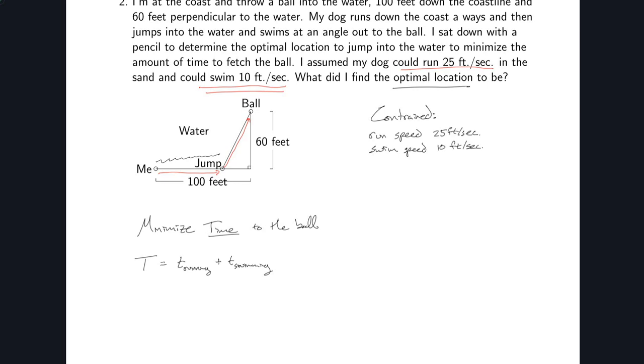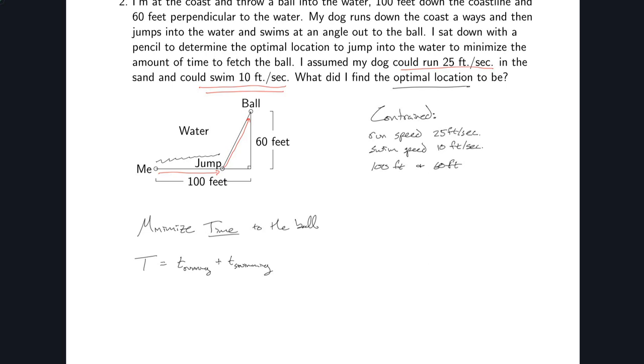We have the 100 feet down and the 60 feet into the water perpendicularly. And so how do we want to manage those distances? Well, we can just list them. The 100 feet and 60 feet are also constraints.